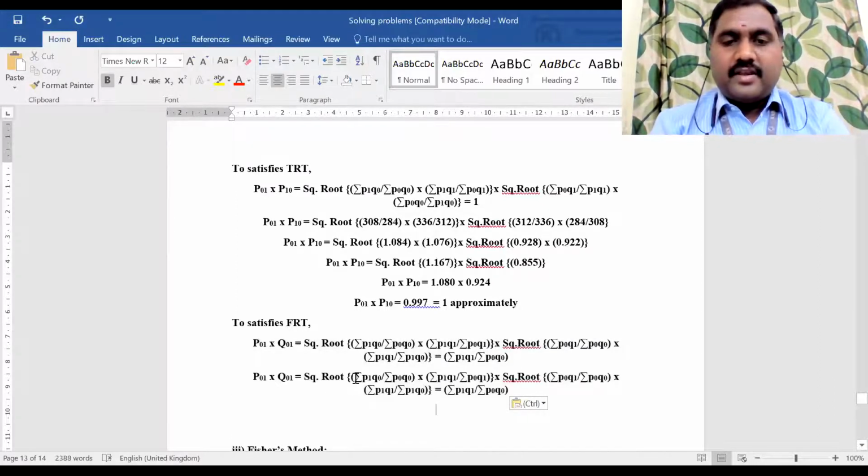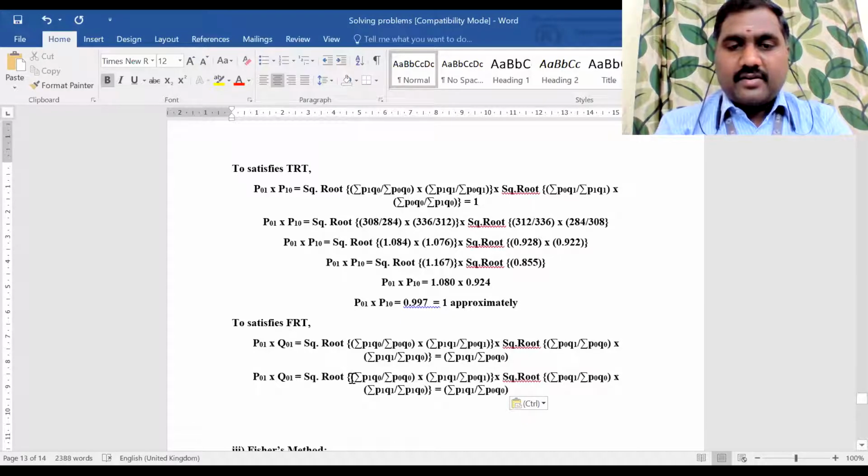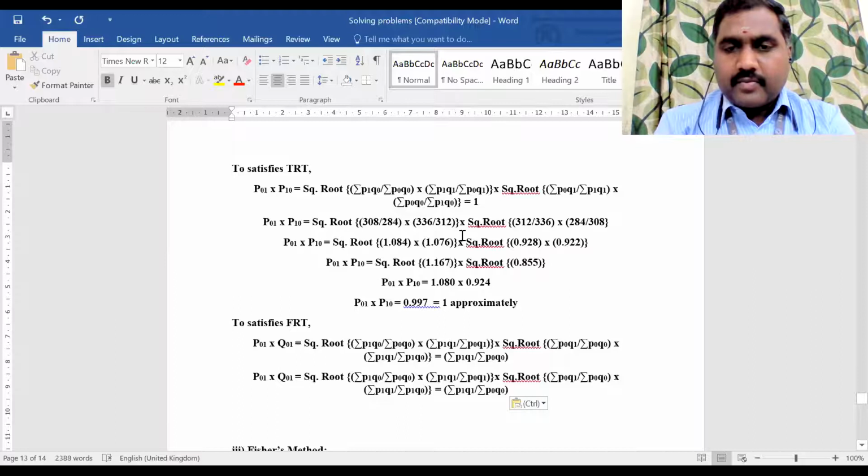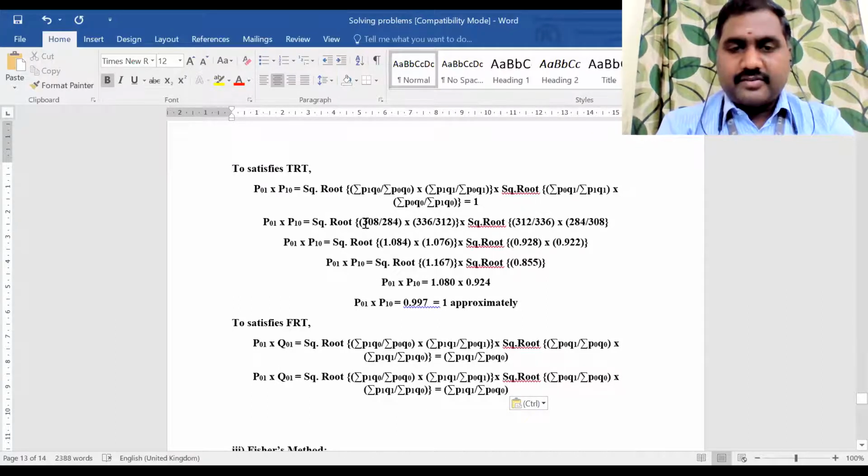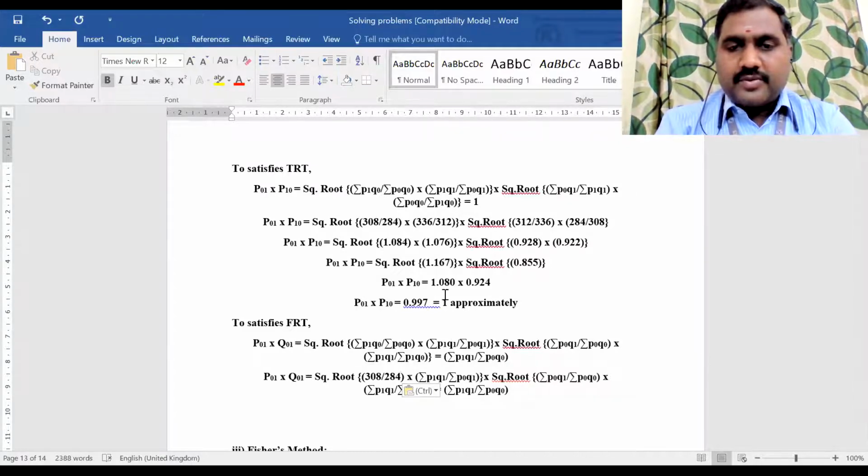Now tell me what is the value. I think it will be the same thing, right? Only the numerator and denominator will change. I will copy this 308, 284. And P1 Q1, P0 Q1, so this will be the same value.